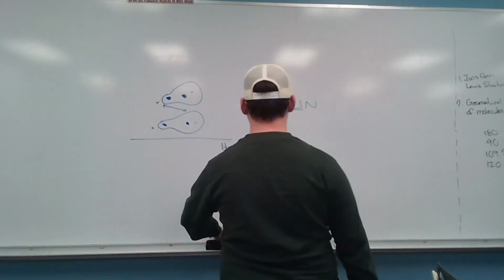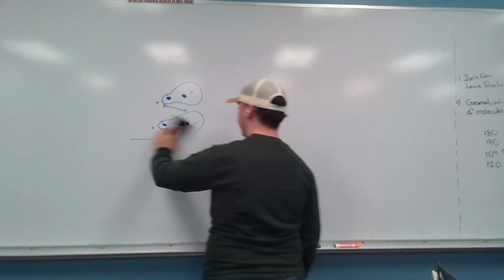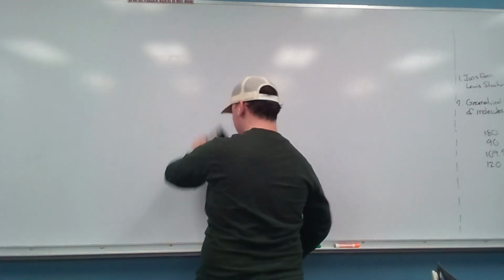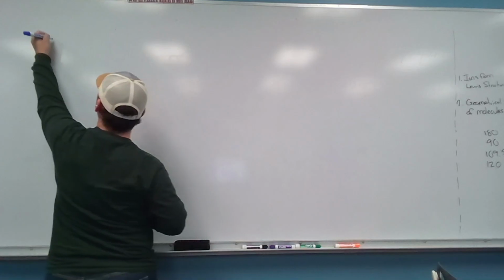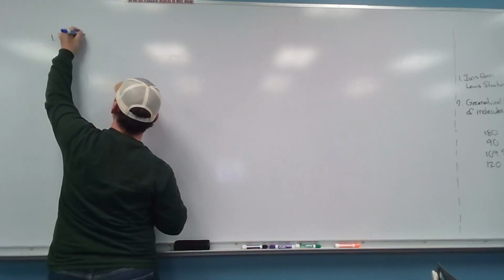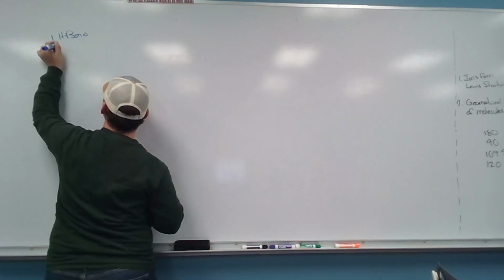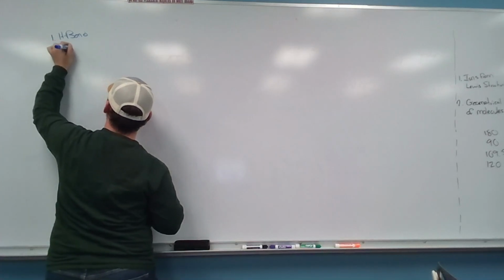Now, what is a London dispersion force? First, I want to let you know that in terms of strength, the H bond is number one. This is the really strong dipole-dipole. The second one is the dipole-dipole for when you have polar elements.